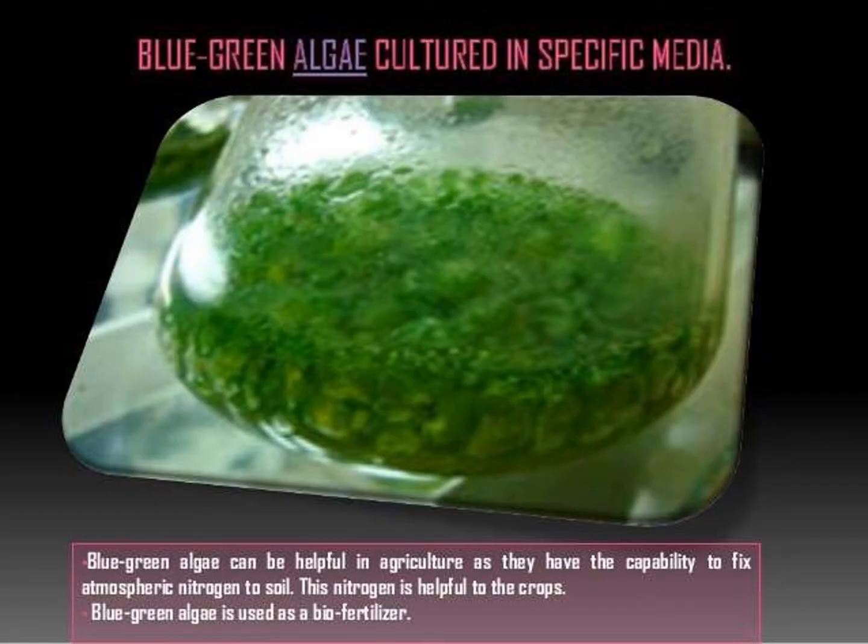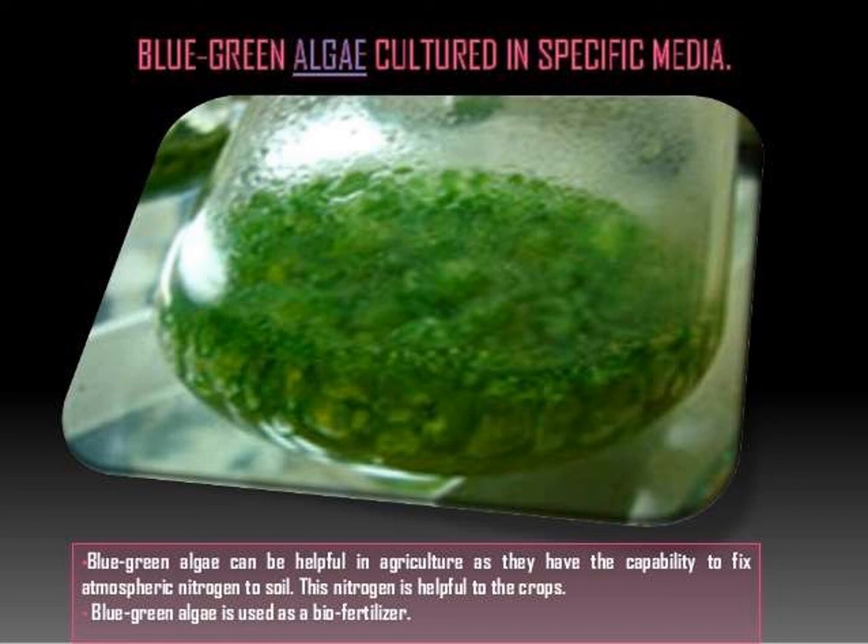In this diagram, you can see a blue-green algal mat which can fix atmospheric nitrogen. As it fixes atmospheric nitrogen, it can be used as a biofertilizer because a lot of nitrogen is required for the growth of plants.